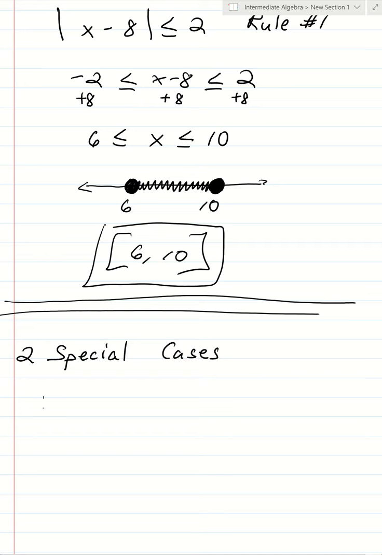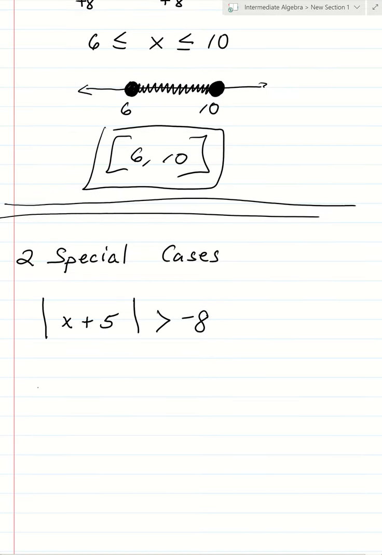The first problem, the absolute value of x plus 5 is going to be greater than, I just need any negative number, I'll say negative 8. And then I'm also going to talk about the same algebraic expression of x plus 5, and the absolute value of that is going to be less than negative 8.